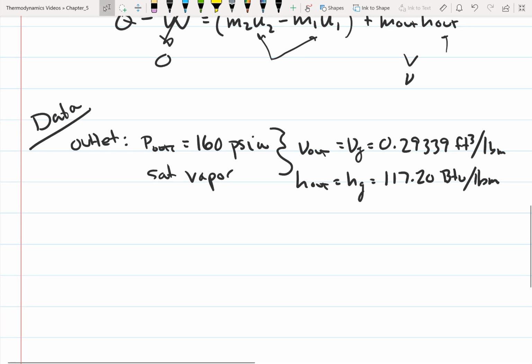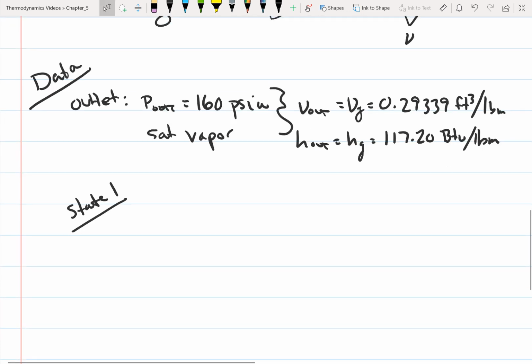Now we want to do state 1. At state 1, we know that P1 is 160 psi absolute. We know it's a saturated mixture, so that was given.